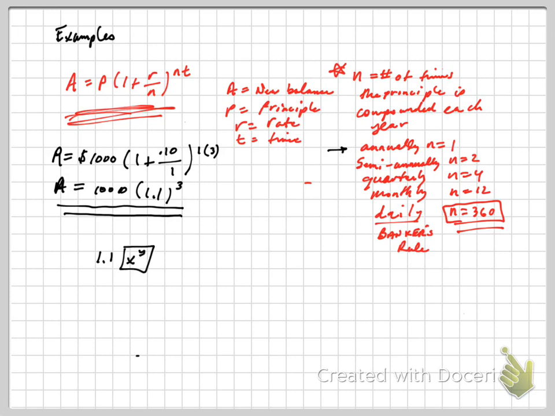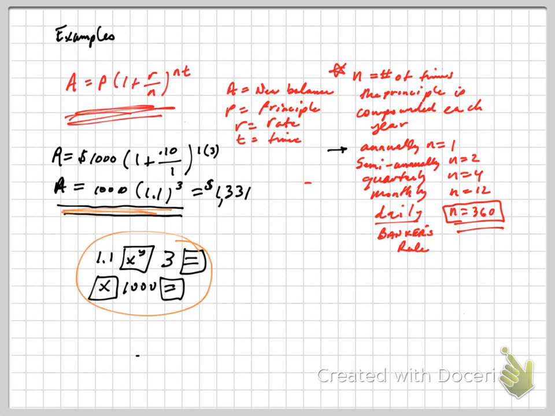You'd have to hit a button that looks like this, put the 3 in there, hit equals, multiply by 1,000, and then hit equals, and your answer would be $1,331. So again, you can either type it in as you see it, or you have to go through order of operations. It depends on your calculator. So you see the formula works, but you can see back with the table how you calculate that.